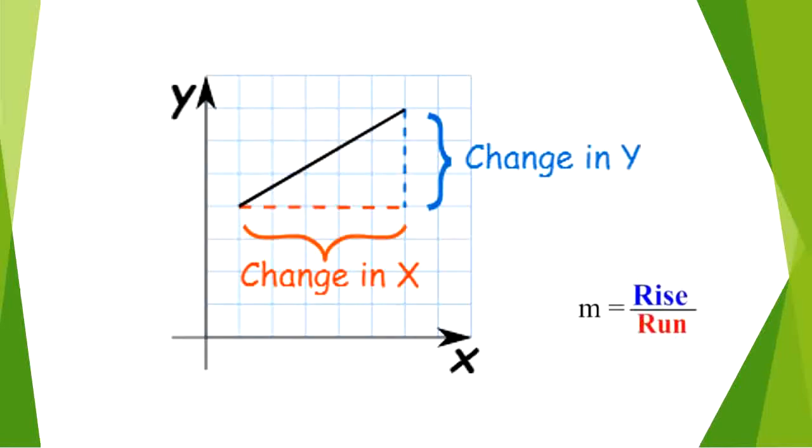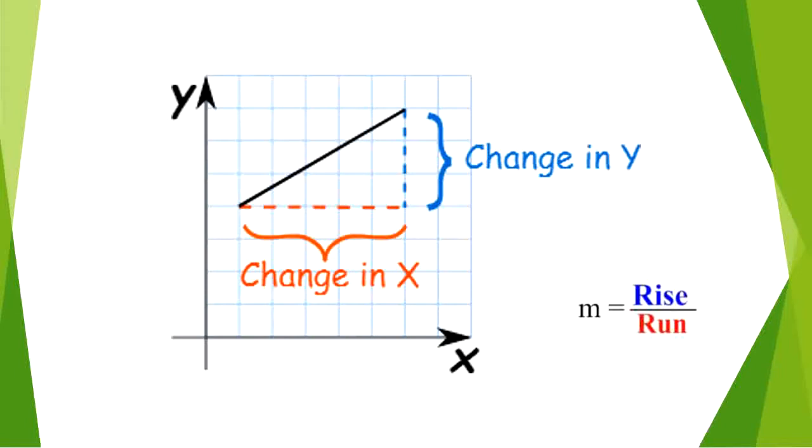If you've done any linear algebra, you'll remember that gradient is just the maths way of saying how steep is the line. Looking at the line here, we start on the left and we climb up the hill to the right.